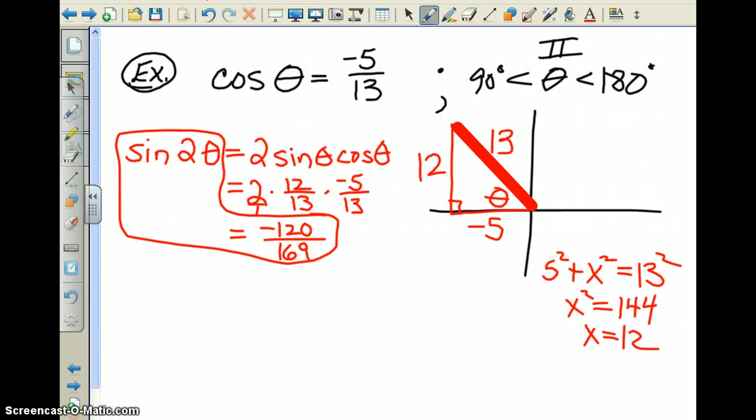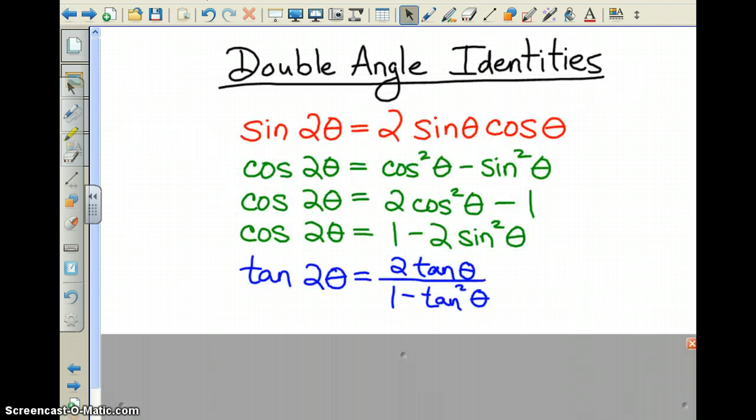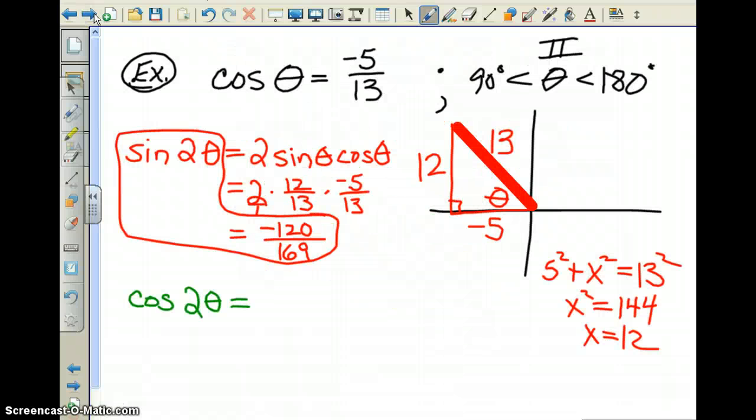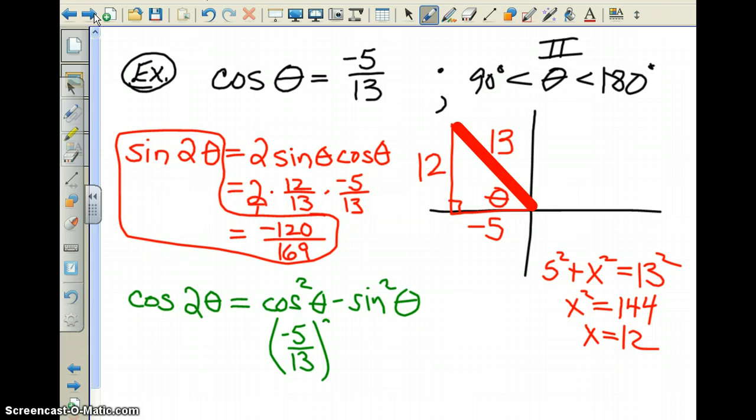Now, when I go to do cos 2 theta, we actually have a choice here on which identity to use. And of the three, I think I'm going to choose the first one, cos squared minus sine squared. So that means I need my cos value, which was negative 5/13, and I'm going to square that.